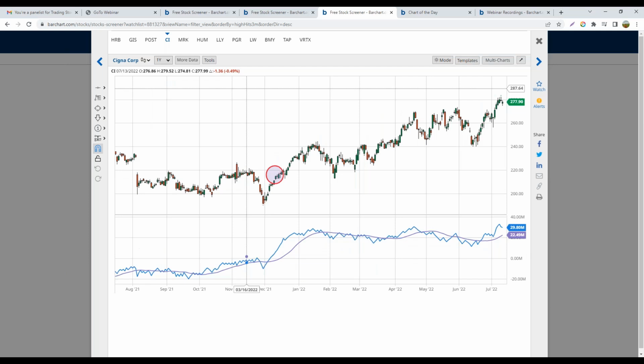It's kind of simple in theory. When a security closes higher from the previous day, then that volume for that day, that daily volume, is considered up volume. And when that security closes lower from the previous day, then that volume is considered down volume. So unbalanced volume is an accumulation based on day to day or bar to bar, if I'm looking at, let's say, weeklies or monthly bars, based on price change, this accumulative effect.